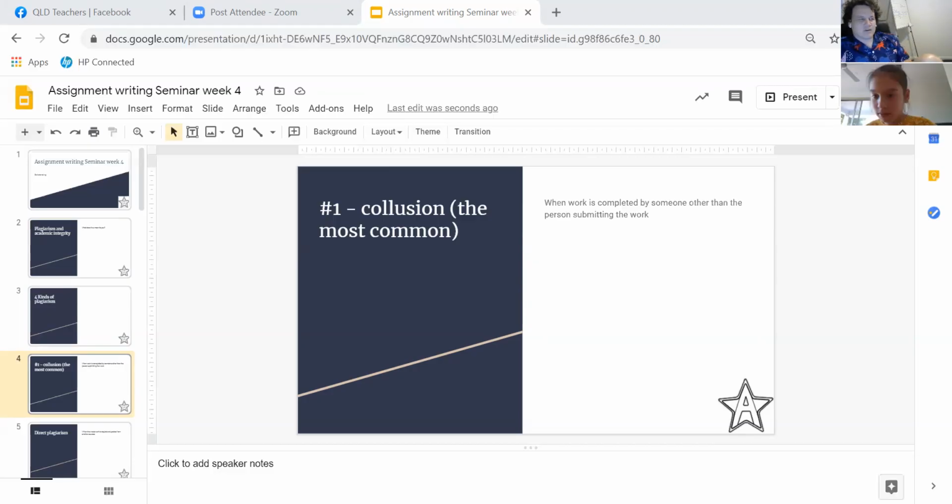If you send your assignment to someone and they only change it ever so slightly and you both submit it, the software that they use, called Turnitin, will pick that up. So if you work on your assignment with someone else and you share the file of your assignment, that is plagiarism.